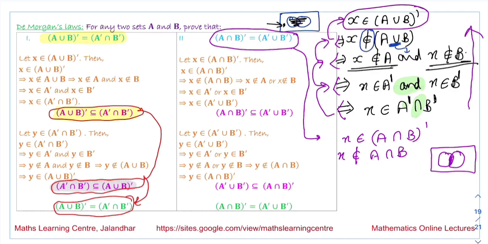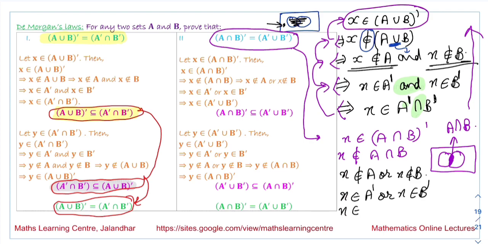X does not belong to this portion, A intersection B. So what we can write from this is that either X does not belong to A or X does not belong to B. So this gives us that X belongs to A complement or X belongs to B complement. So we get X belongs to A complement union B complement.